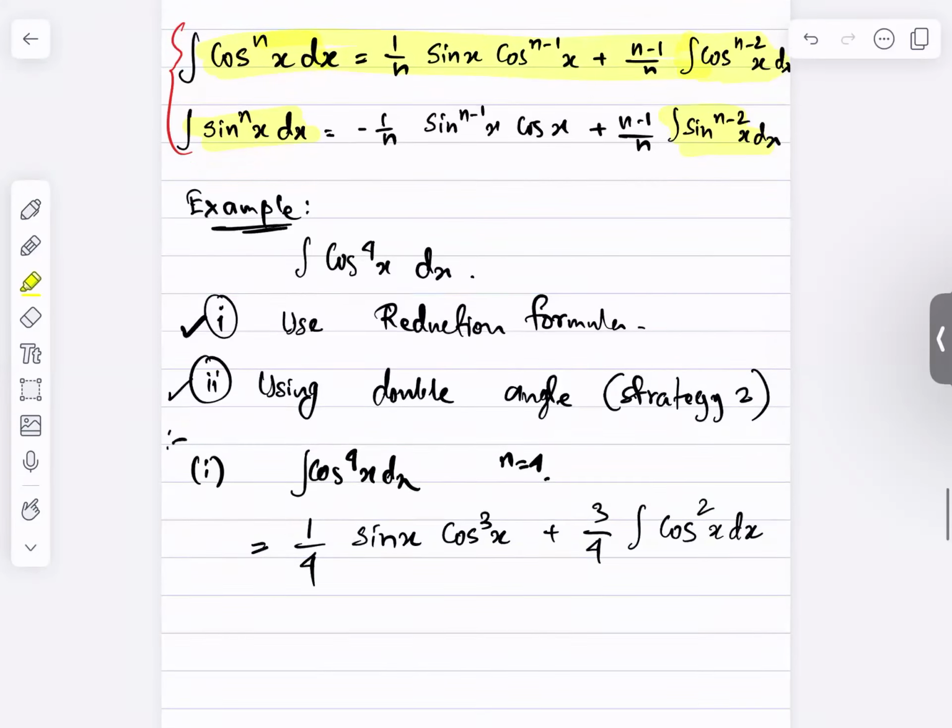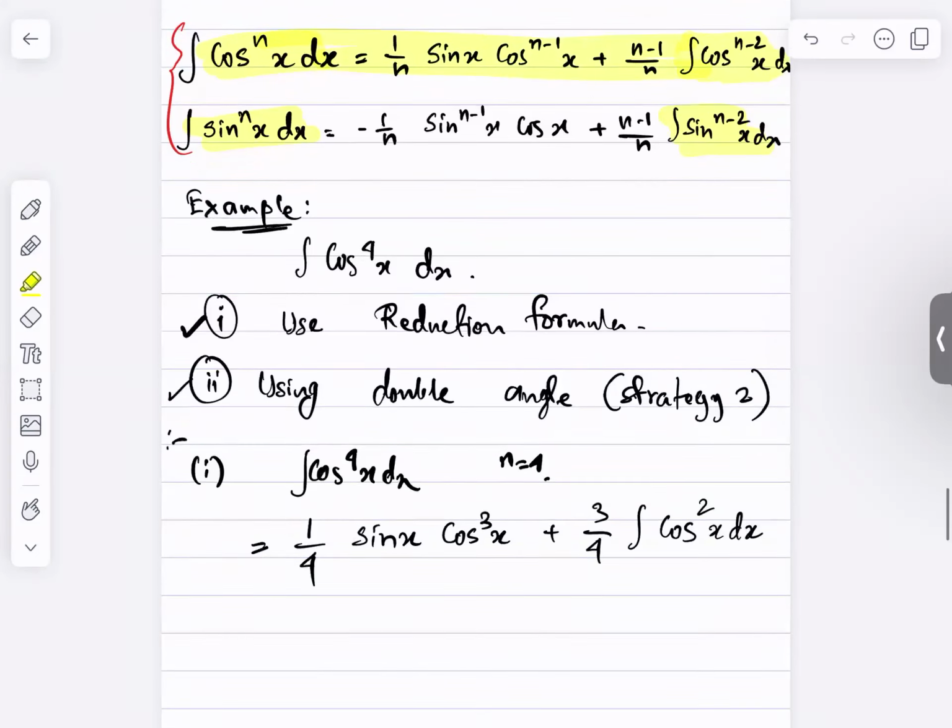Now this is 1 over 4 sine x cosine to the third x plus 3 over 4 cosine square x. Again, I can use the reduction formula, but here my n is 2.